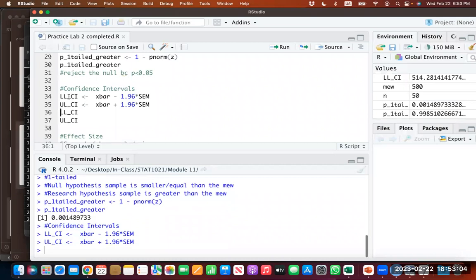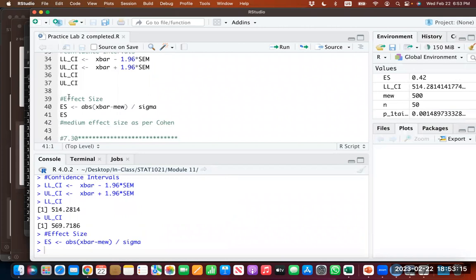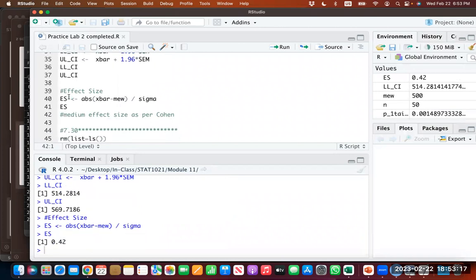Then we do lower limits and upper limits. We do 514 to 569. That is the 95% confidence interval that we calculated before. Then we do the effect size of 0.42, which is calculated, as we remember, as the absolute difference.